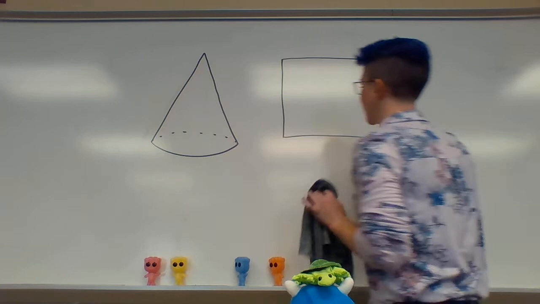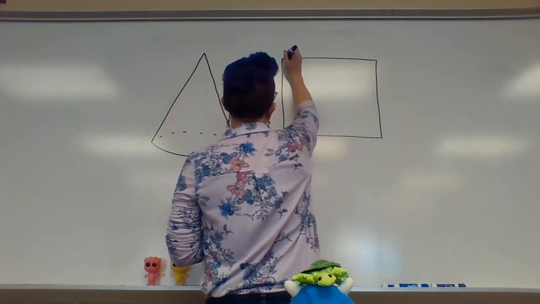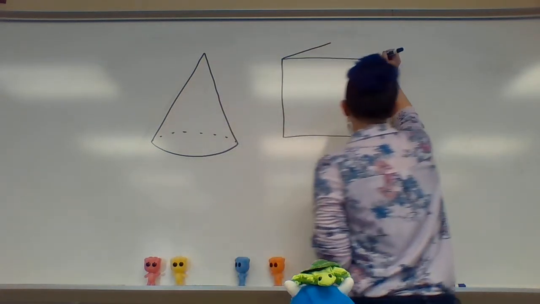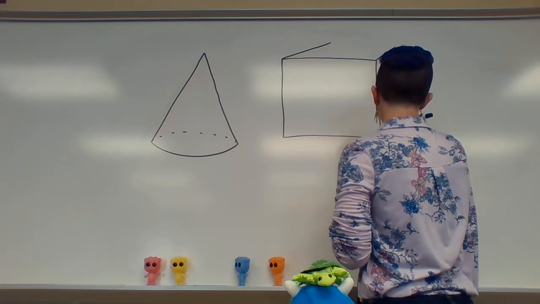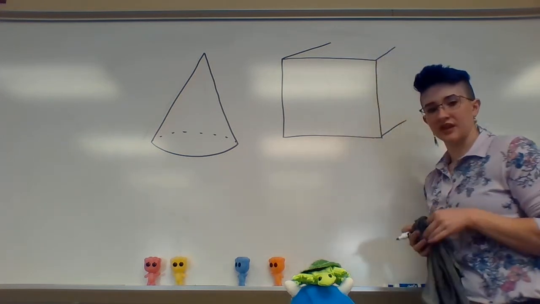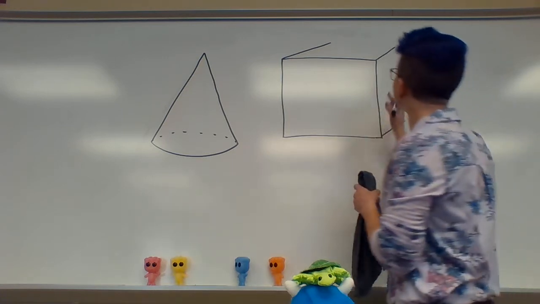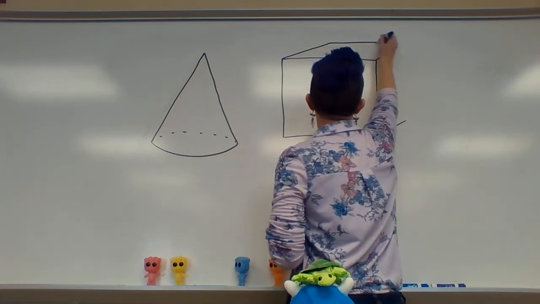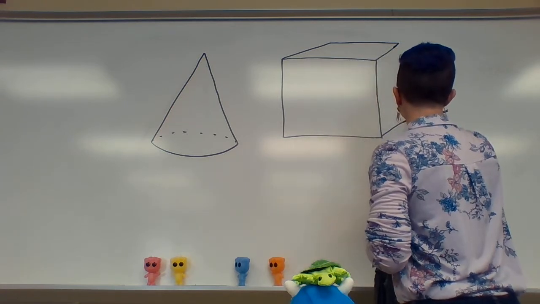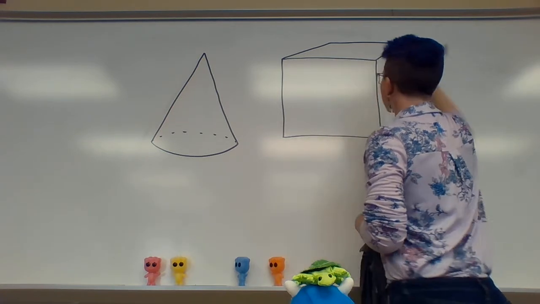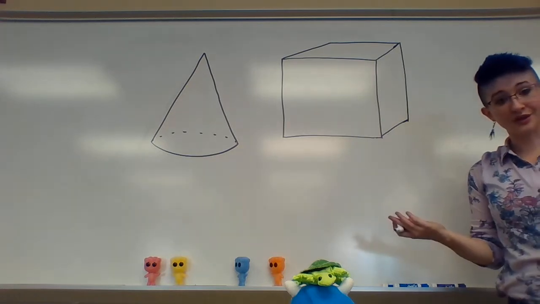Now this is by far the hardest part. You create angled lines. Make sure that the angles are the same. They all have to go off in the same direction. Then you connect the lines. And voila, cube.